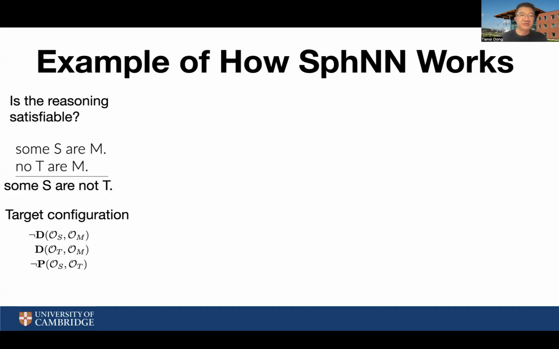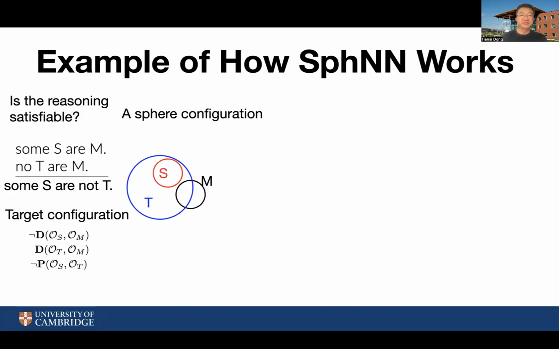Some S are M means sphere S does not disconnect from sphere M, so they are somehow connected. No T are M means sphere T is disconnected from sphere M. Some S are not T means sphere S is not part of sphere T.